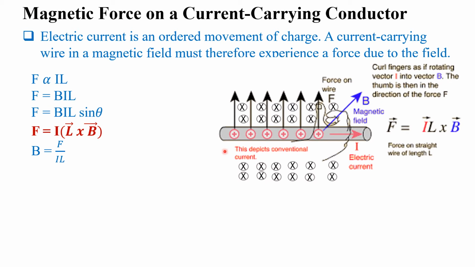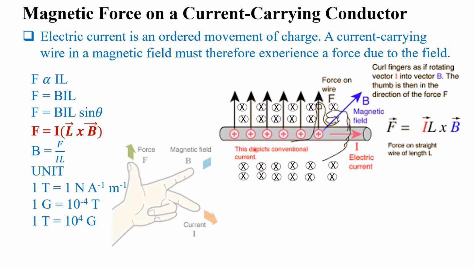If theta is 0, then we get minimum force. If theta is 90 degrees, then we get maximum force. As we know that force is a vector quantity, we can find its direction by using Fleming's left hand rule.